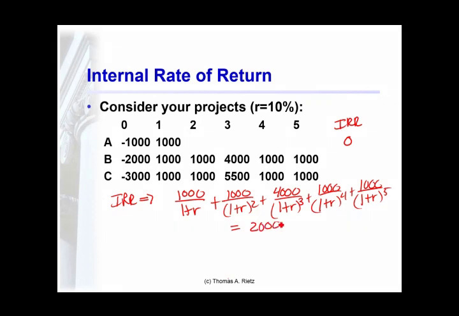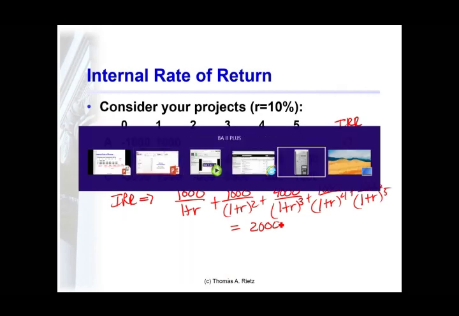The trouble is you cannot solve this algebraically, but that is exactly what your financial calculator is designed to do.